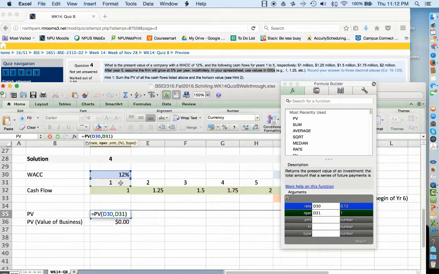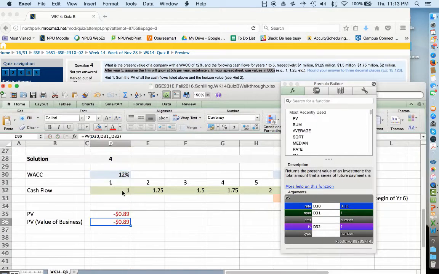Now I'm going to do two things to this equation. Because these cash flows are positive, I need the present value to have the same sign as the cash flow. In order to do that, I'm going to place a negative value up in front of the PV equation. Now my present value is positive.